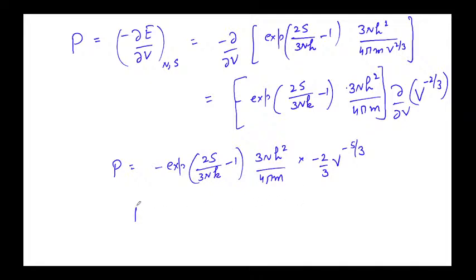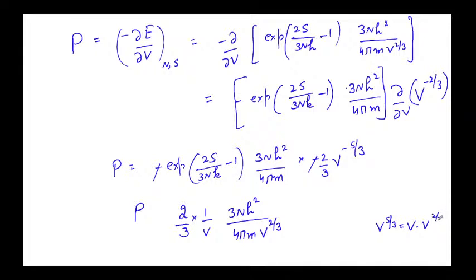So this we can write as 1 over V^(5/3). The minus and minus get cancelled, so 2/3 into 1 over V, times 3nh² over 4πm V^(2/3). So we have broken down this V^(5/3) in terms of V into V^(2/3).